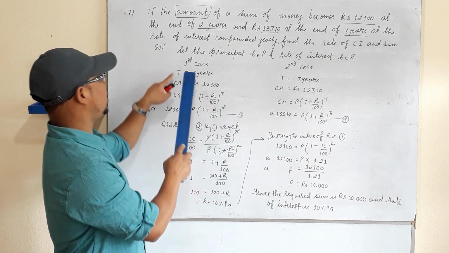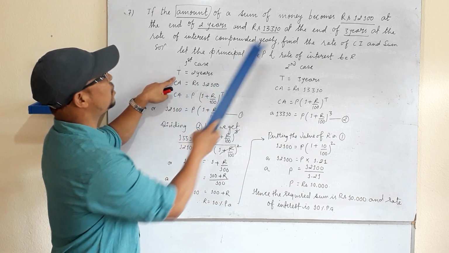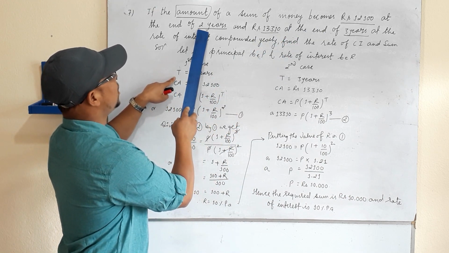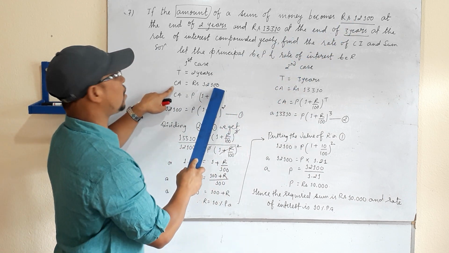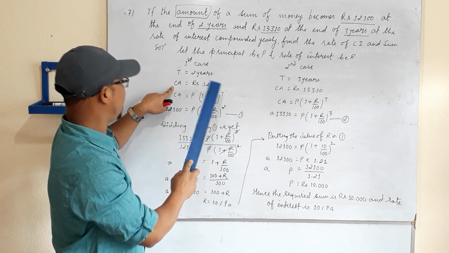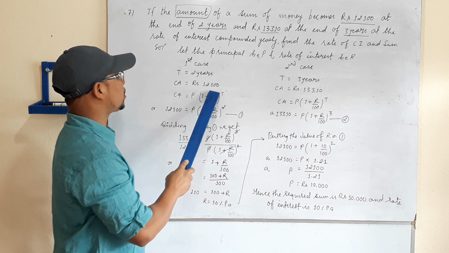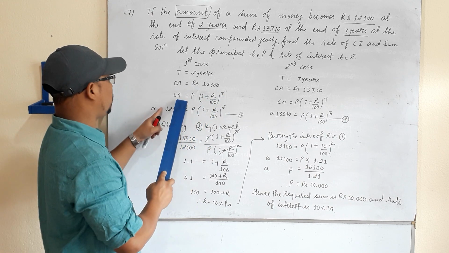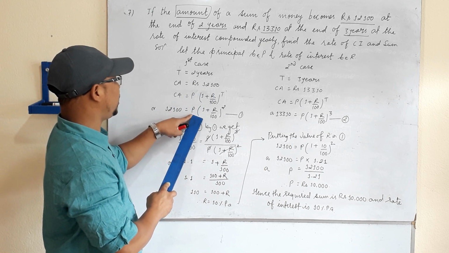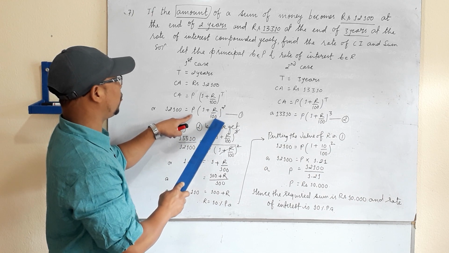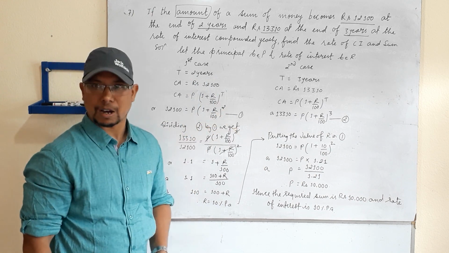For the first case, time is 2 years and the compound amount is 12,100 rupees. The compound amount formula is P times (1 plus R by 100) to the power T. So 12,100 rupees equals P times (1 plus R by 100) whole power 2. Time is 2 years. Let it be equation 1.